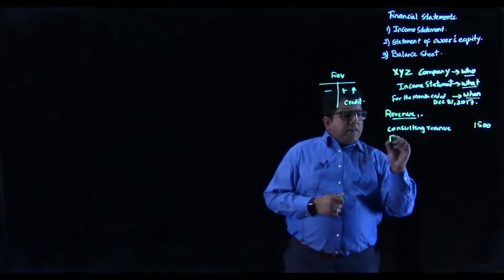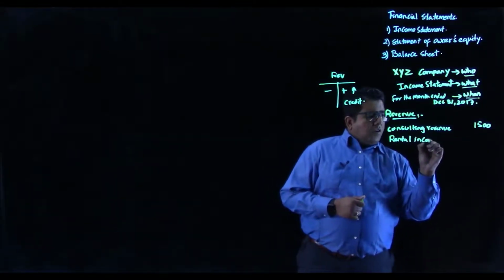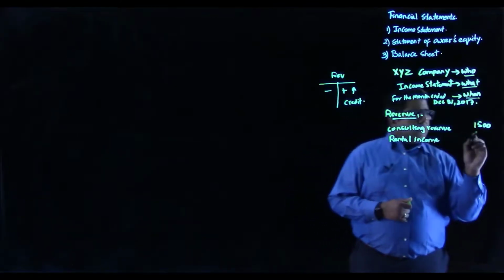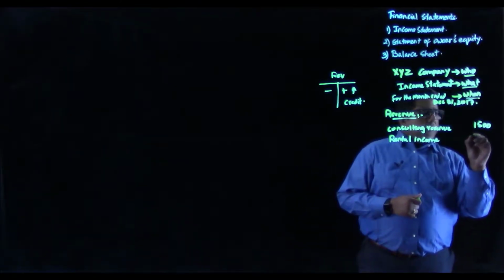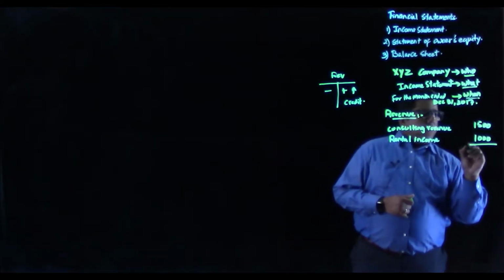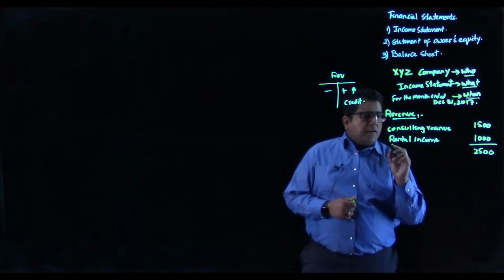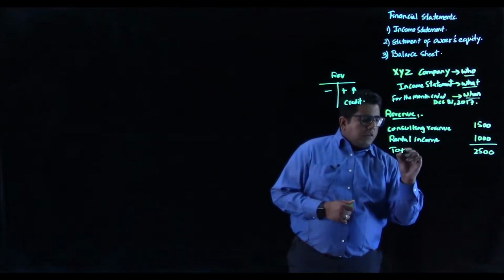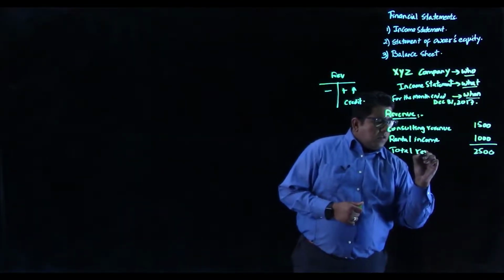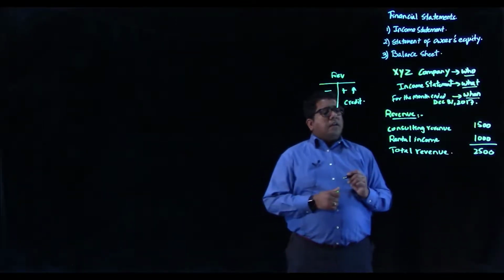Then you had rental income as well, which is also revenue, $1,000, for example. So your total revenue came out to $2,500 for the month ended December 31st, 2017.